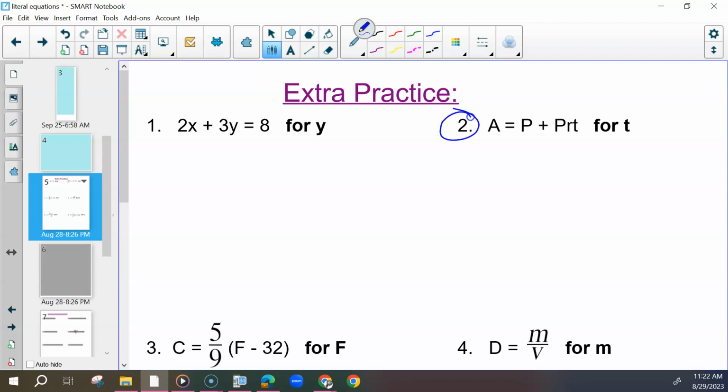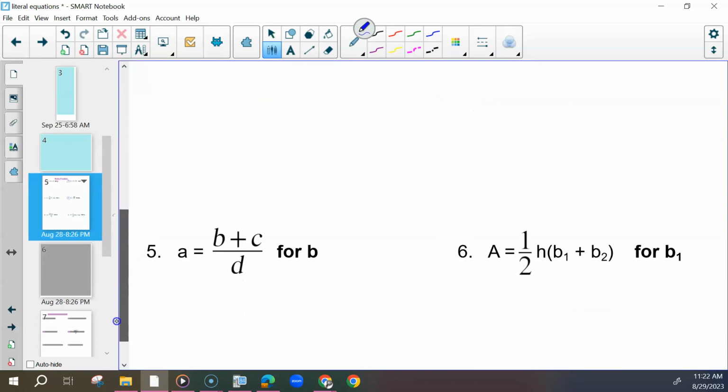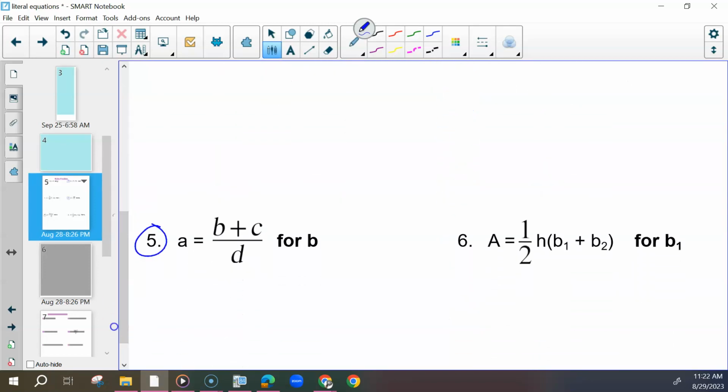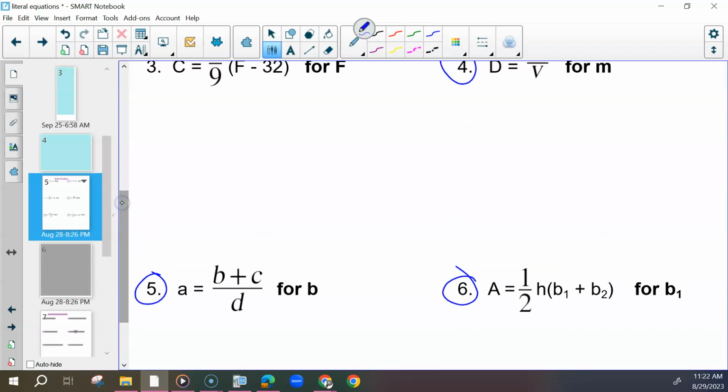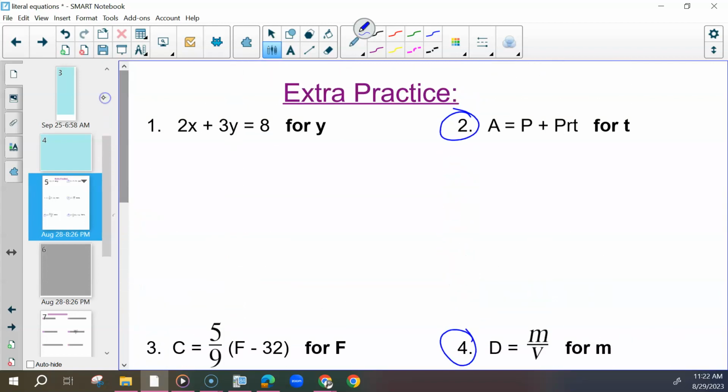Here, 4. If any others, let's do these first and then we'll go over more if needed.